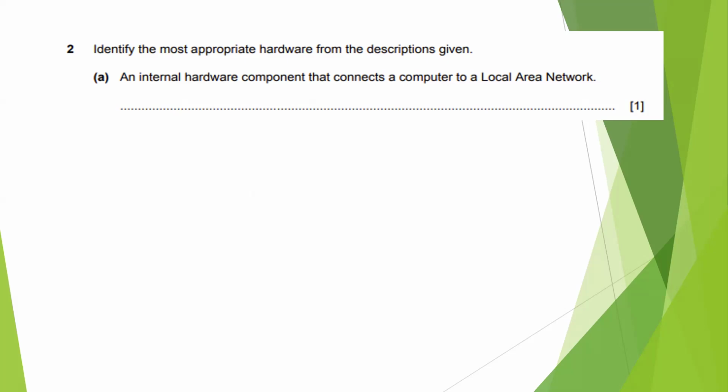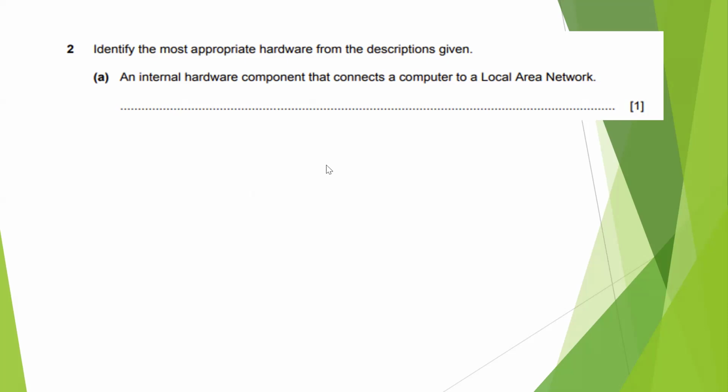Internal hardware component that connects a computer to LAN. The keyword is internal. Bridge is external, and a bridge basically connects LANs. Here it says a computer to connect with LAN, and it is internal, not external.